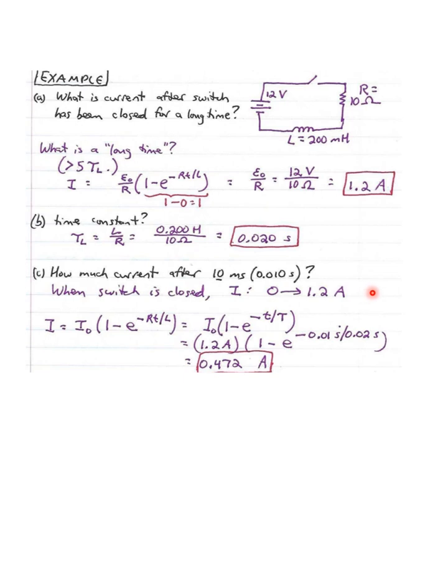So we know the answer is going to be somewhere between 0 and 1.2 amperes. Well, let's actually solve it for the given time. Current is the current naught times 1 minus e to the negative RT over L. And current naught is 1.2 amperes times 1 minus e to the negative t over tau. We plug those values in, and we get 0.472 amperes.